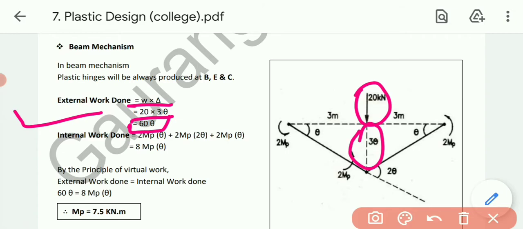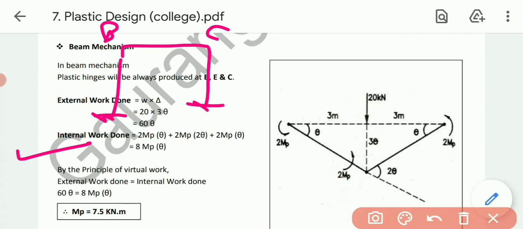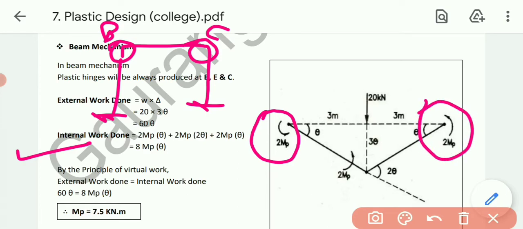That's the first. Now talking about the internal work done. Say this one is our beam, B and C. These both are intermediate supports. So at the intermediate supports moment will be produced, and the moment given to us is twice MP. So at both B and C twice MP will be produced, as well as at the center, twice MP will be produced at the location of the load.